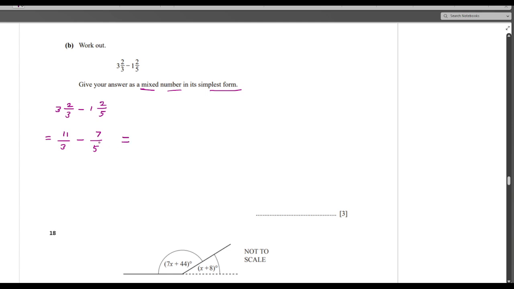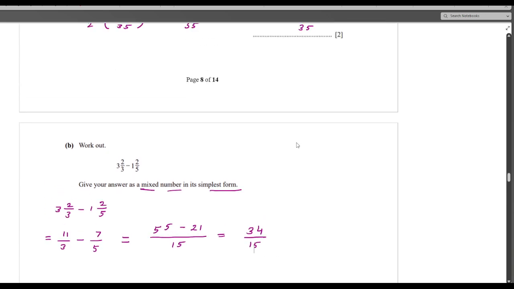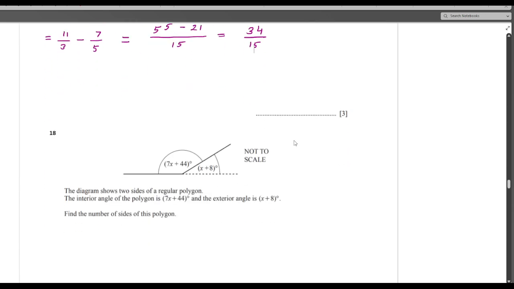So this is equal to, now 11 times 5 is 55 minus 7 times 3 is 21, so 55 minus 21 divided by 3 times 5 is 15. So this is 34 divided by 15. 34 divided by 15 is your result. I will write here 34 divided by 15.